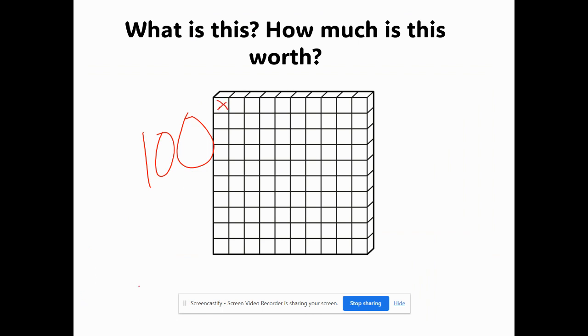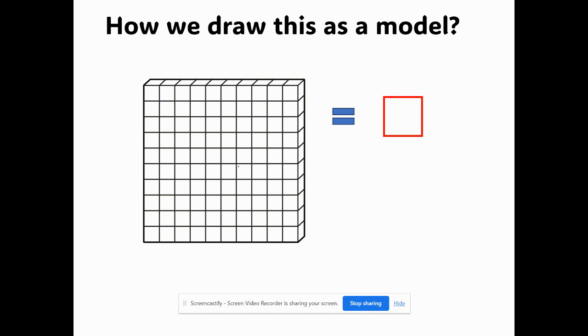This is going to be important to know because we're about to draw some models. When we draw our model, we can't draw every single individual block. If I try to draw all of these, it would take me forever. So instead, we're always going to draw a square, and that represents our flat piece, which is worth, again, 100.